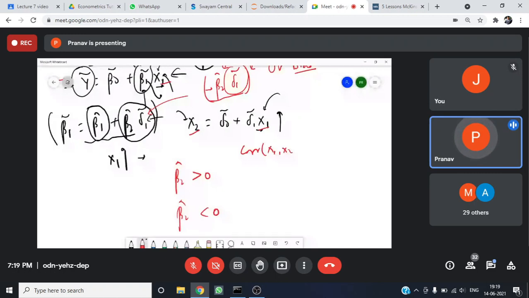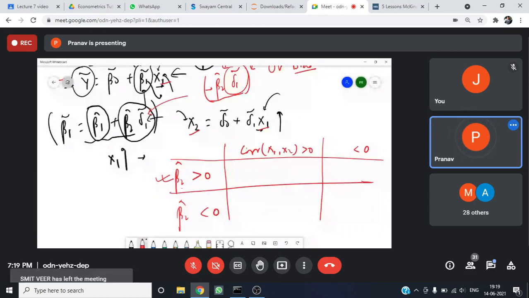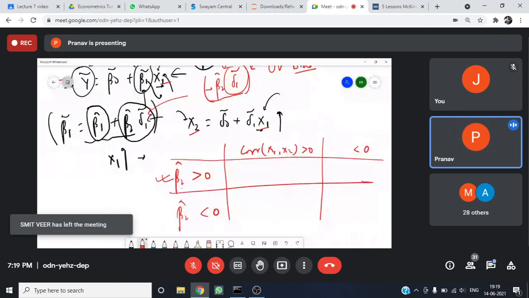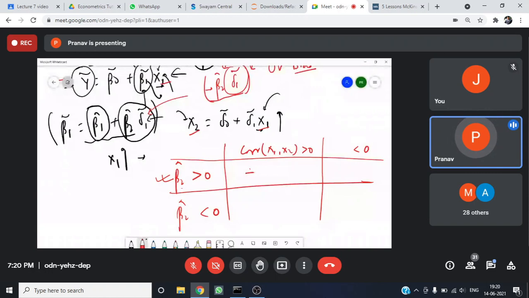So these are the four possible cases. If beta 2 is positive and the correlation between x1 and x2 is positive, it means if x1 increases, x2 increases, and if x1 decreases, x2 decreases. So both positive means there will be a positive bias. If one is positive and the other negative, because it's a multiplication term, the bias will be negative. Again, this will be negative and this will be positive.